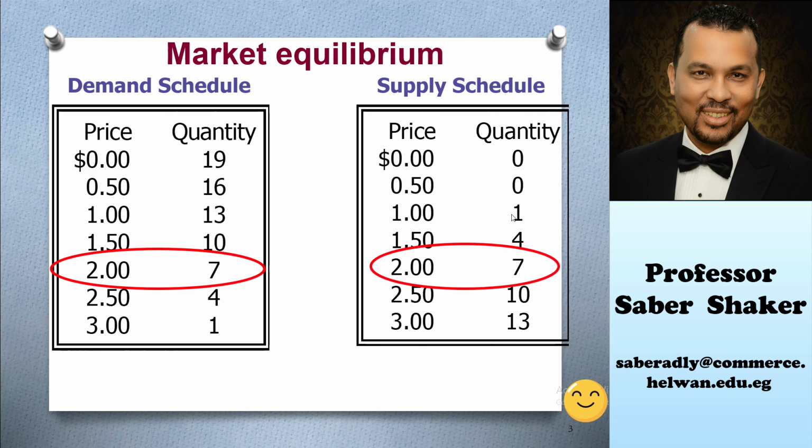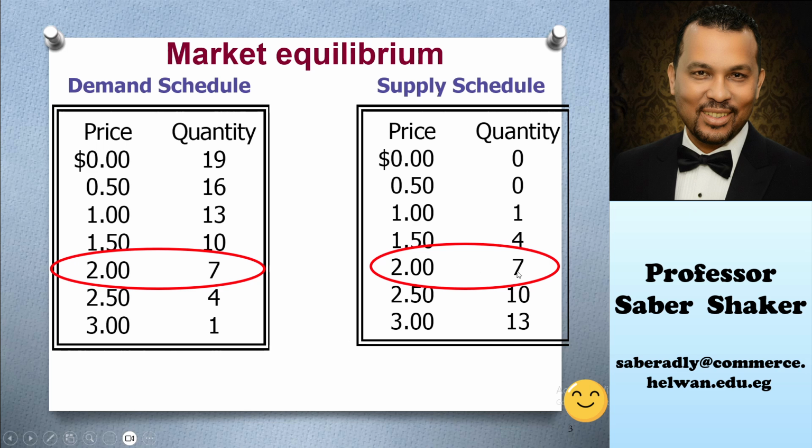So where is the equilibrium? The equilibrium price and equilibrium quantity. Number one, focus on quantity. Quantity demanded equals quantity supplied. At which price? Okay, we will check that. At price 2, quantity demanded equals 7 units. At price 2, quantity supplied equals 7 units.